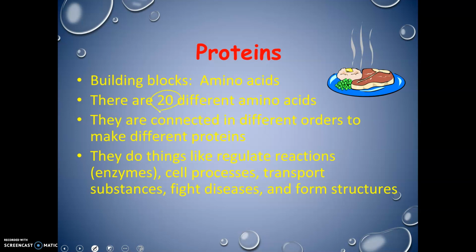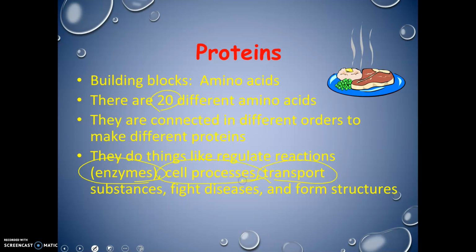And proteins are probably the most important of all the things we talk about as far as what really composes your body and gives you your physical characteristics and regulates reactions in your body. So, for example, enzymes, which we're going to talk about tomorrow, are an example of proteins. They speed up reactions in your body. Transport is carried out by proteins, carrying things through the body, like hemoglobin in your blood carries oxygen.